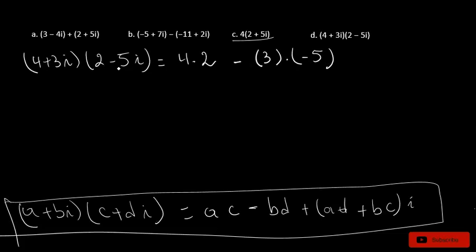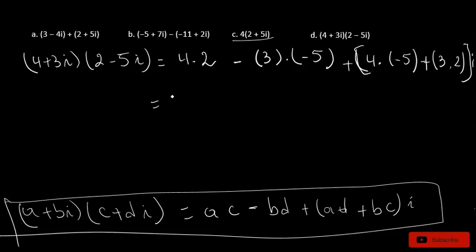I don't have a plus here. If I had a plus here, I would put 3 times 5 directly. Plus ad, which is 4 times minus 5, plus bc, which is 3 times 2, altogether times i.